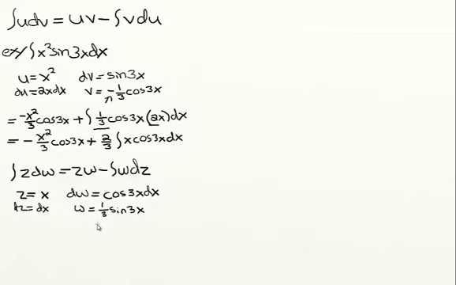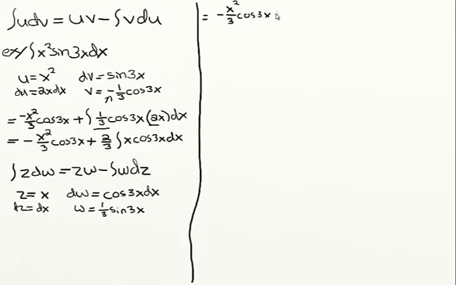And now we can plug that into the formula, but keep in mind we still have the part that we integrated originally, so we still have this negative x squared over 3 times the cosine of 3x, and then plus 2/3 times that whole big integral. So now we have our integration by parts formula.